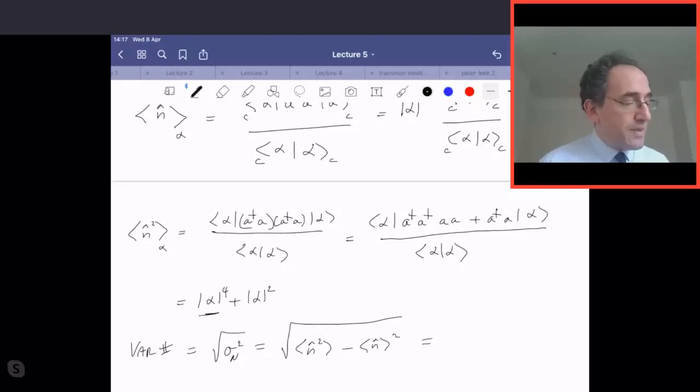The alpha to the fourth cancels, and I'm left with just alpha squared, square root.